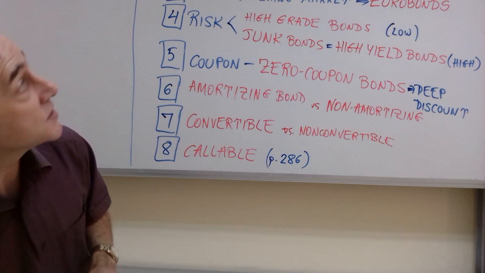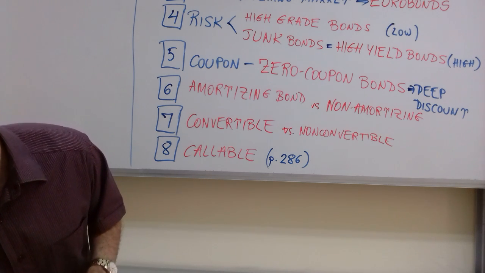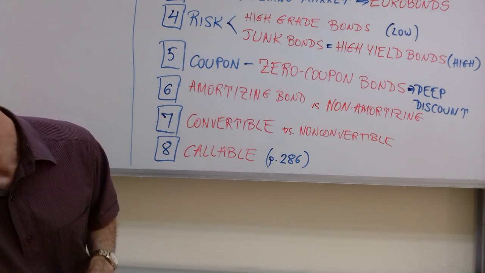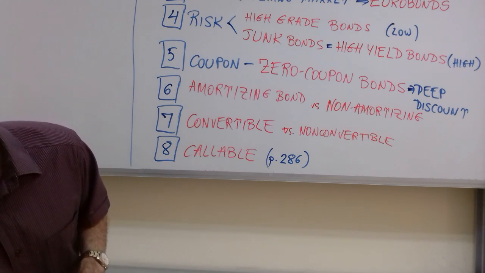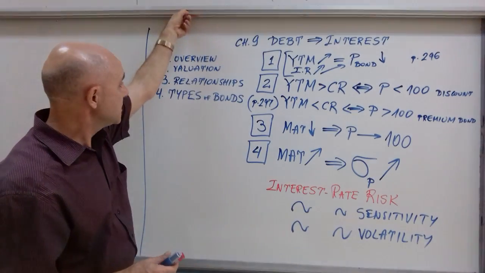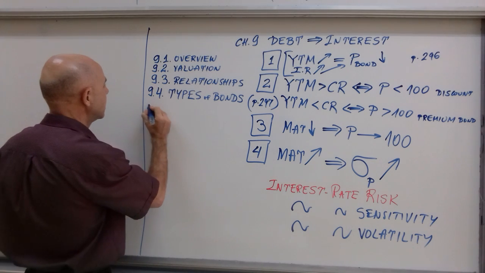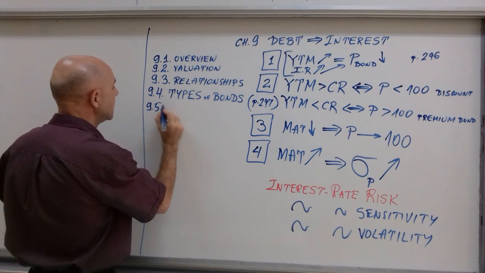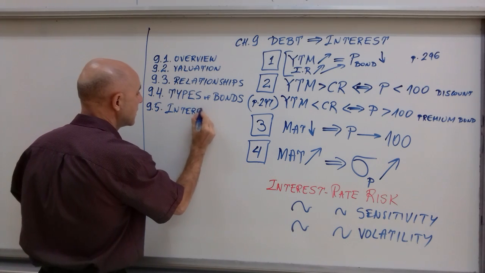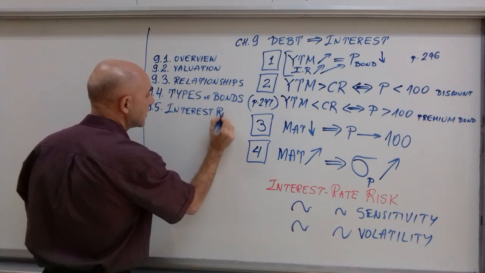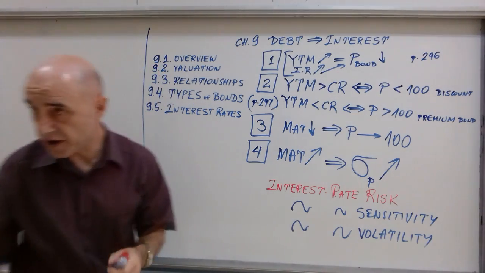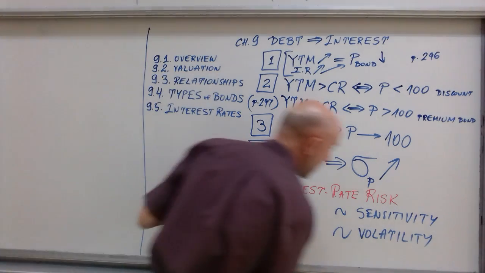All right, that's section 4. All right, and now we got section number 5. Determinants of interest rates.